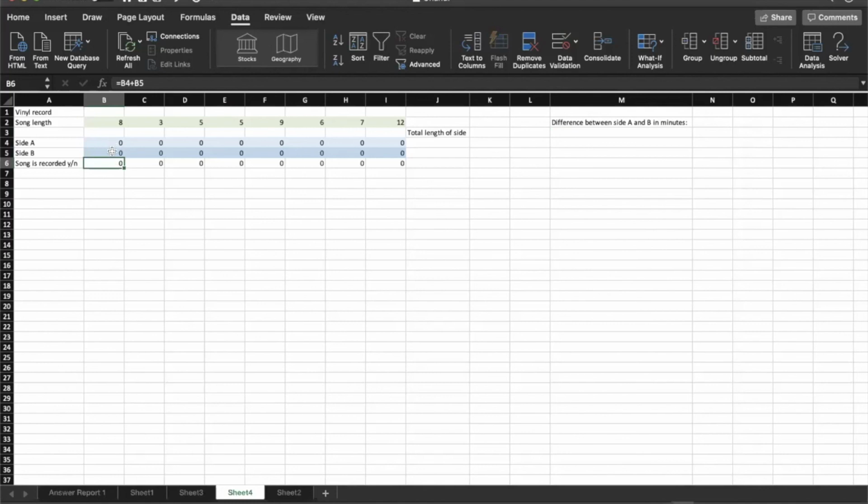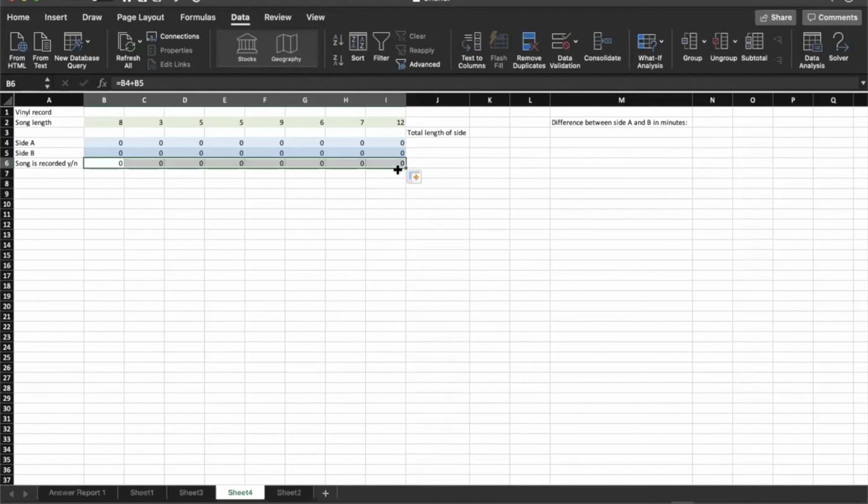So 1 or 0, and the total needs to be equal to 1 if the song was recorded, regardless of which side it was on. So I'm just going to get this value there, and then I will drag it for all of the songs.